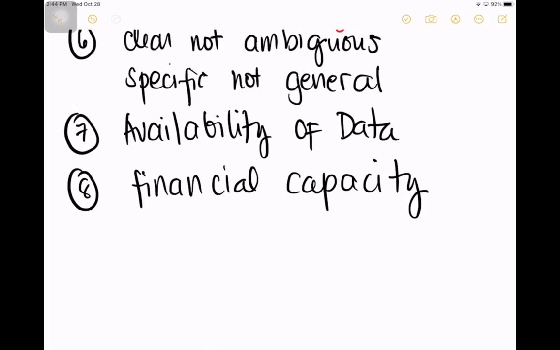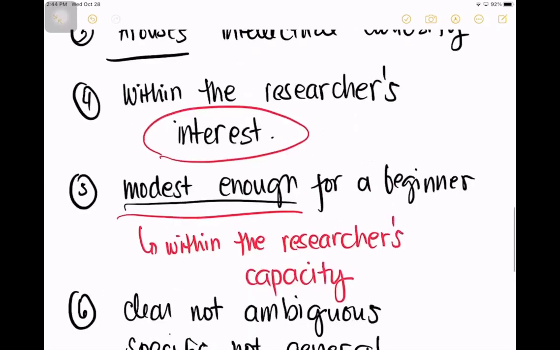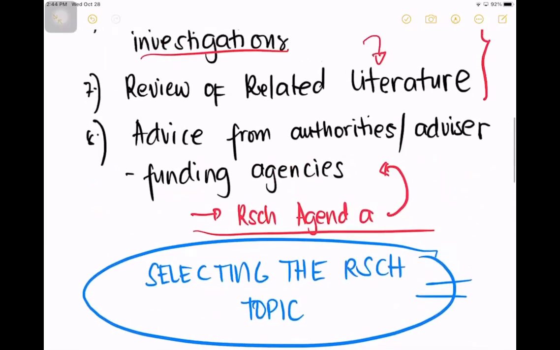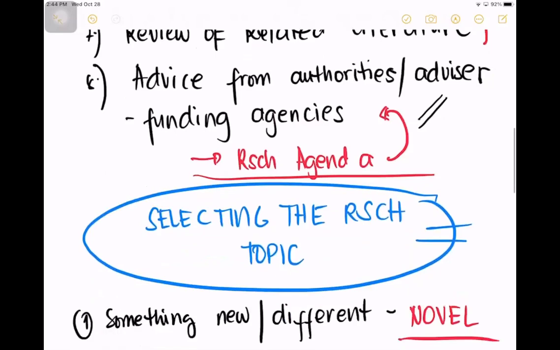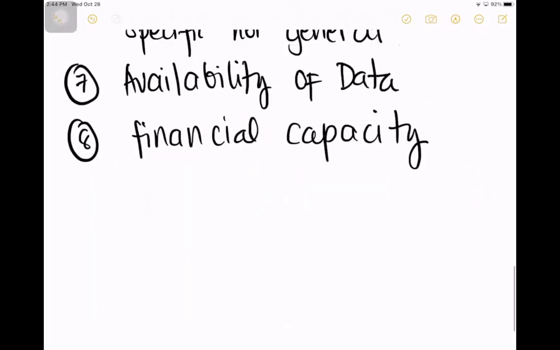But as I mentioned earlier, there are funding agencies that we can collaborate with, so they can provide the money, and all you have to do is implement the study, collect the data, analyze, and send them the report or output. And of course, the last consideration, class, is our time factor.